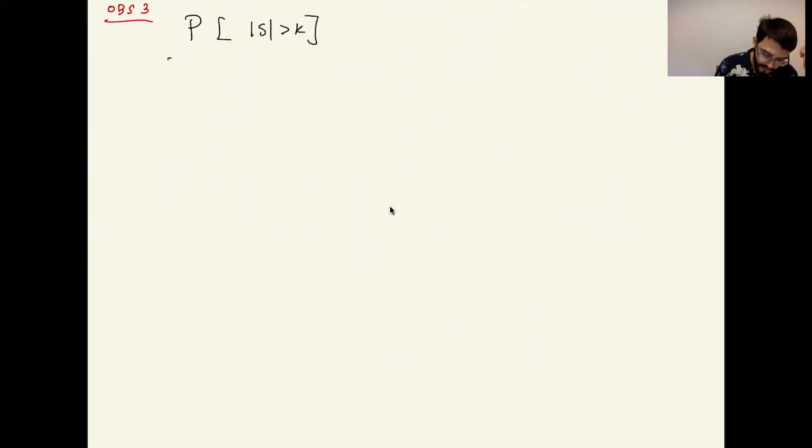So this is, again, trying to measure the concentration of the spectra. Well, I claim that this is less or equal than the noise stability, 1 over k plus 1, of f. So again, noise stability can be used as a tool to decide where the Fourier coefficients of f are concentrated.